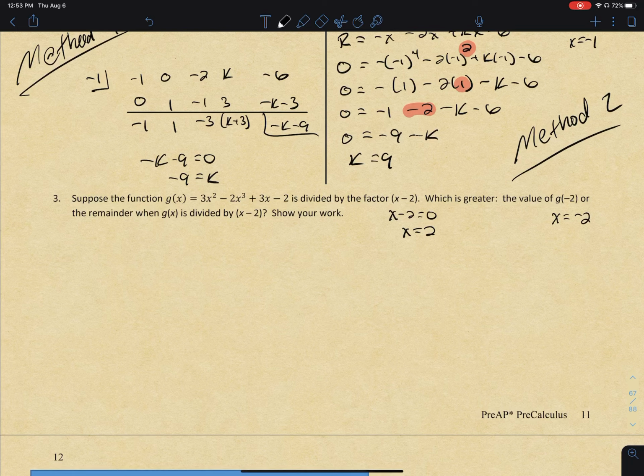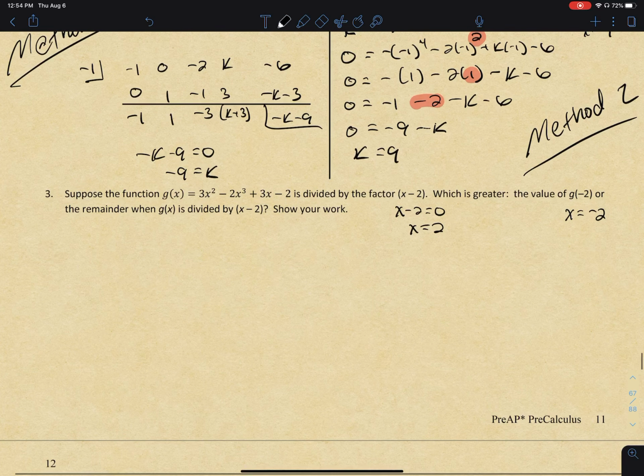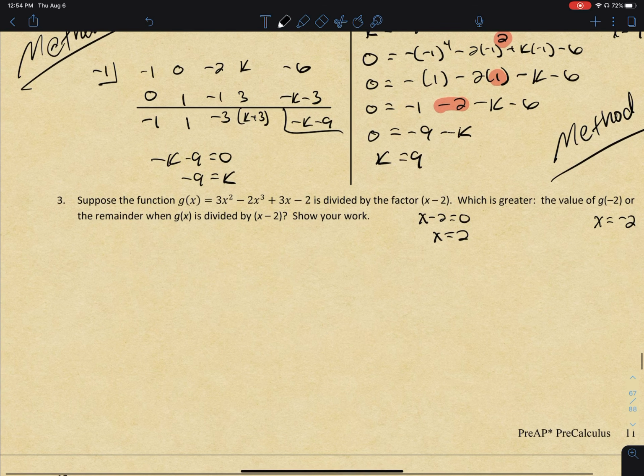So which one's going to be bigger? We can plug a 2 into this, see what we get for an answer, that's the remainder. We can plug a negative 2 in for this, see what we get. Or we can actually do the division. Do either one. I happen to think, based on my last mistake for the previous problem, that the division is actually easier. So I'm going to do the division.